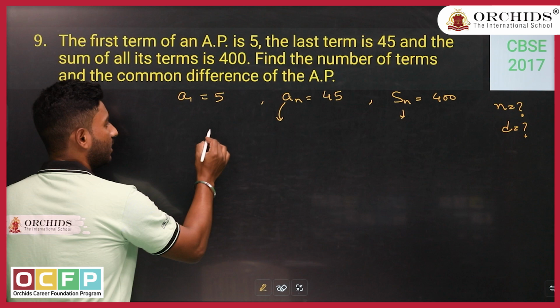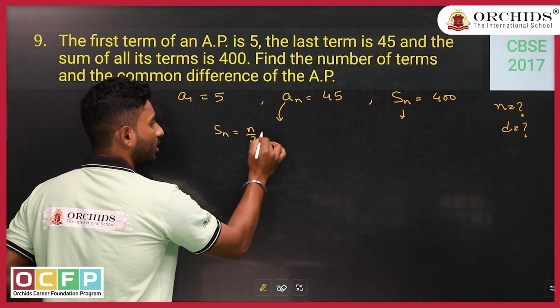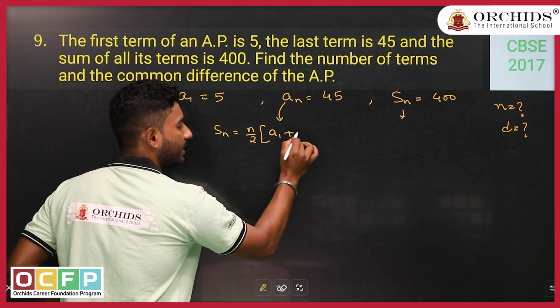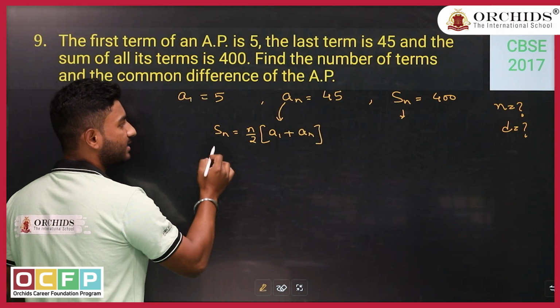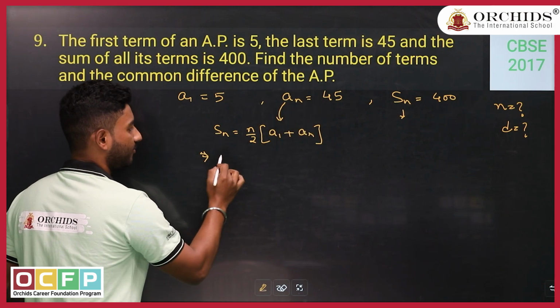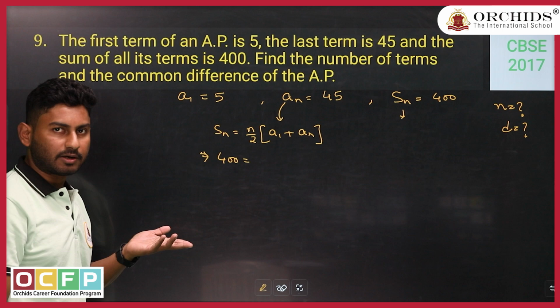Let us check out S_n. What was the S_n formula? n by 2 times (first term plus last term), correct? Now in this case, do I know what S_n is? 400. Do I know what n is? I don't know.